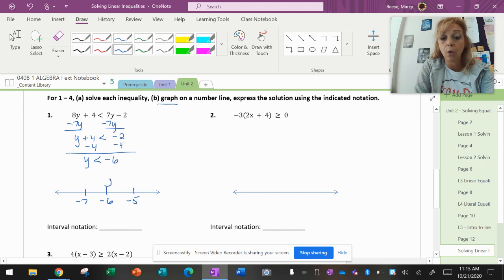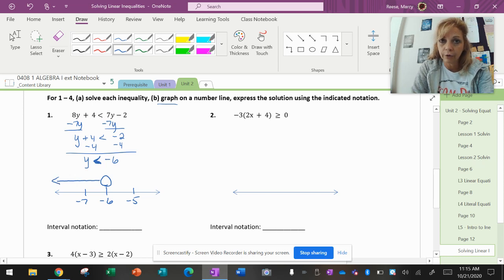I put an open circle at negative 6 because it doesn't include negative 6. Remember, this is y is less than negative 6, which means the alligator eats that bigger number. The bigger number is negative 6, so y is anything smaller than that: negative 7, negative 8, and so on. So it goes in that direction.